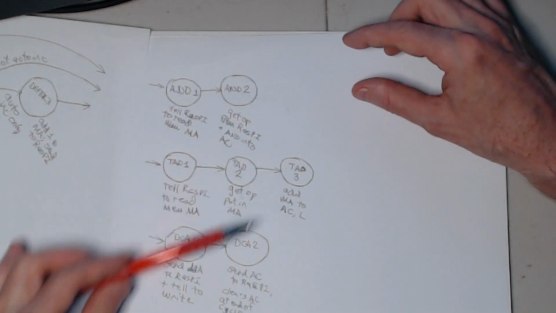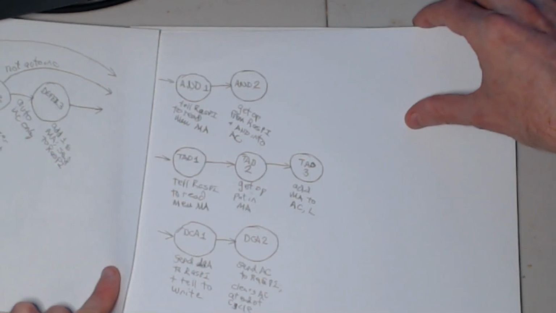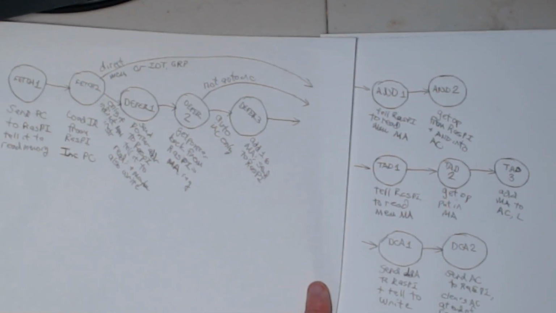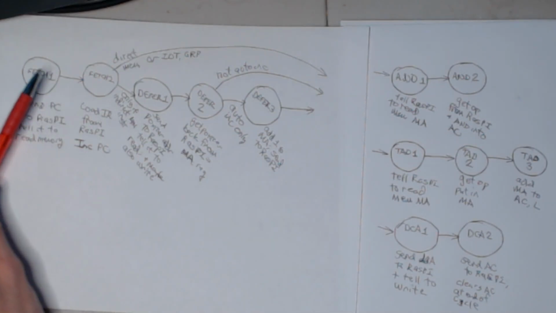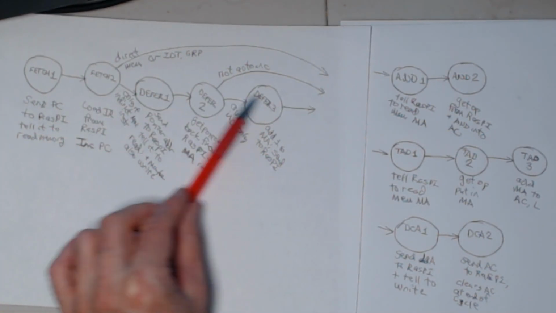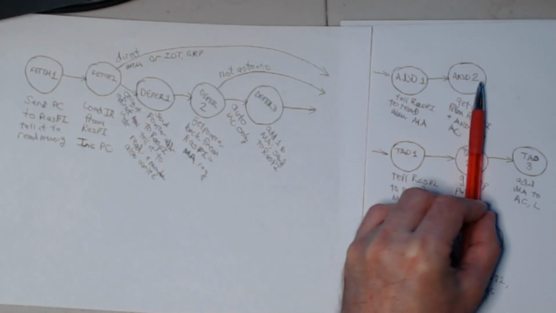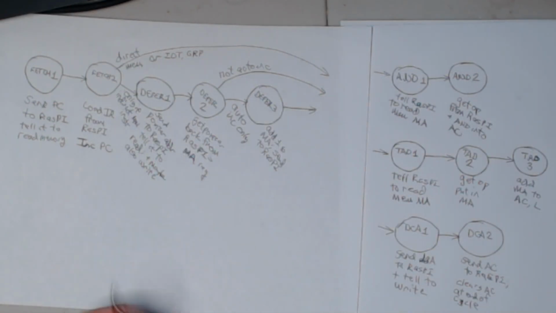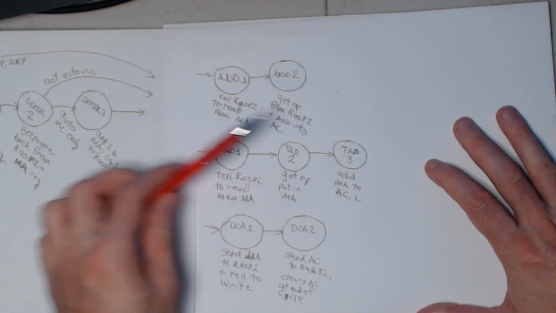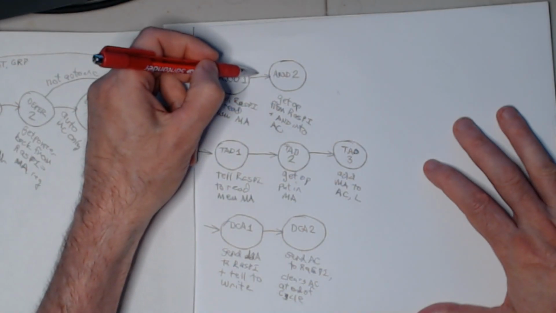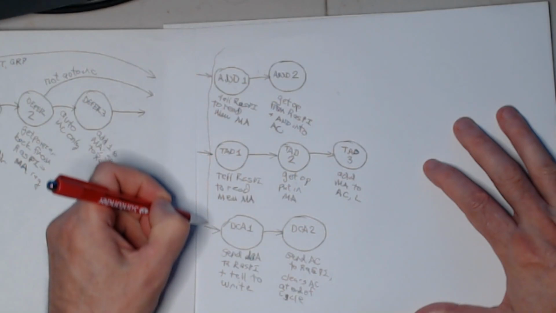But this is the main thing here. Once you have these states here, I guess I can fit most of it in the camera. I'll get it all in the camera. So this is the main thing. You have fetch 1, fetch 2, the defers, and then these cycles here. Now there aren't separate flip-flops for all of these. This is really the exec 1 flip-flop.